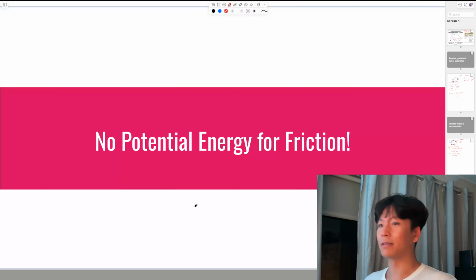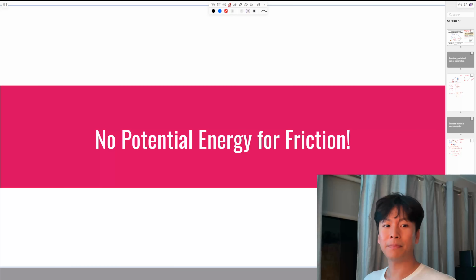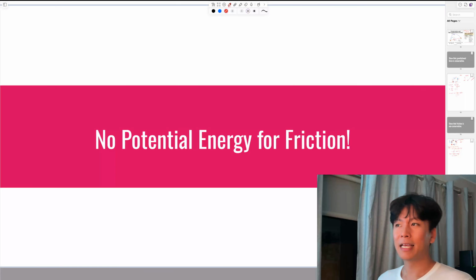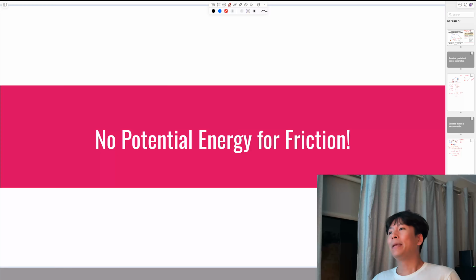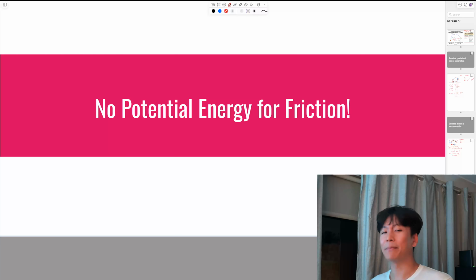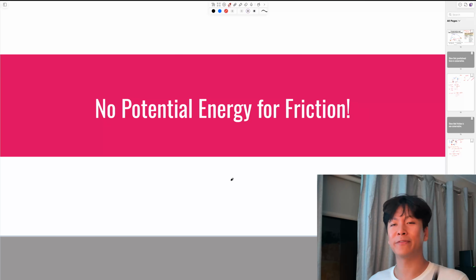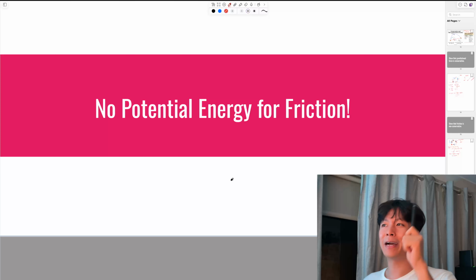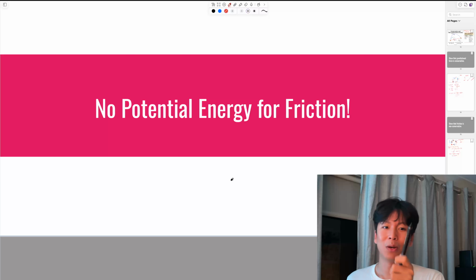So to sum up, to conclude, because of how friction behaves, because it's a non-conservative force, we can't actually define a potential energy for friction. What do I mean by that?